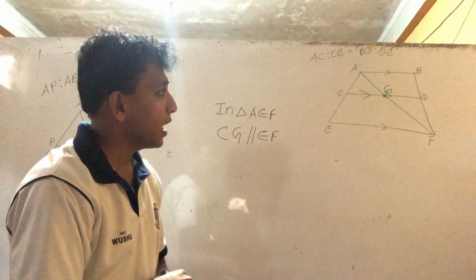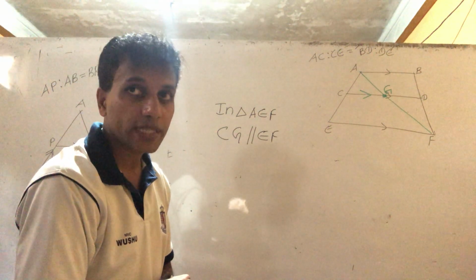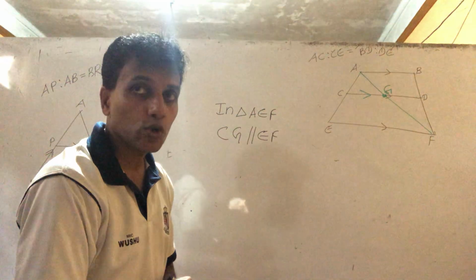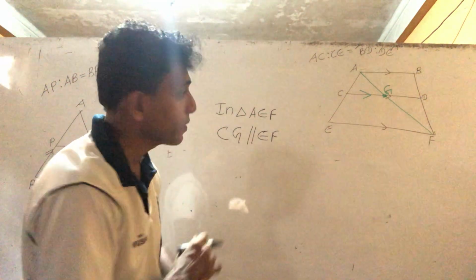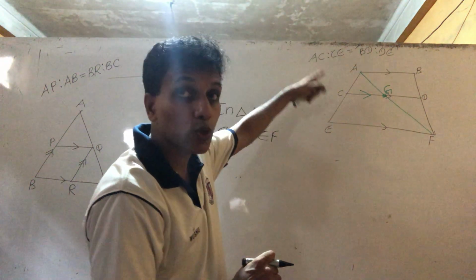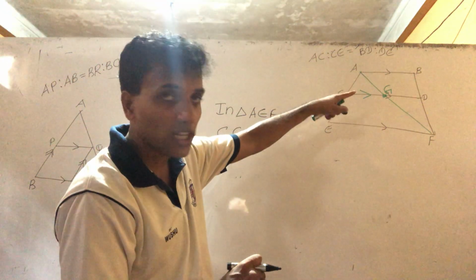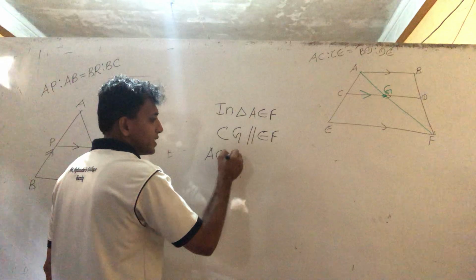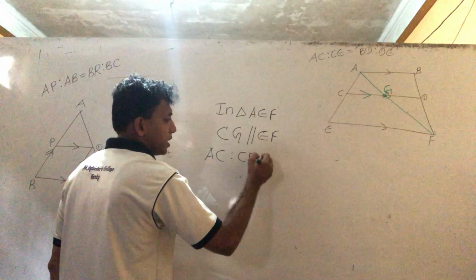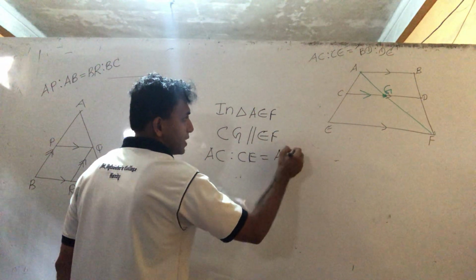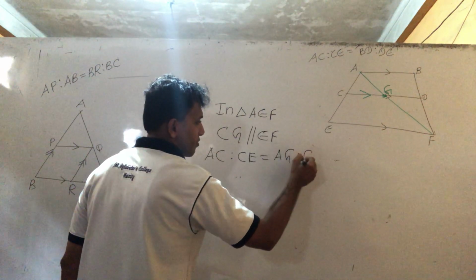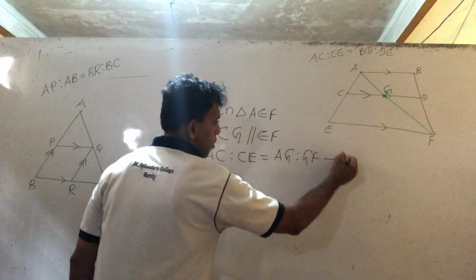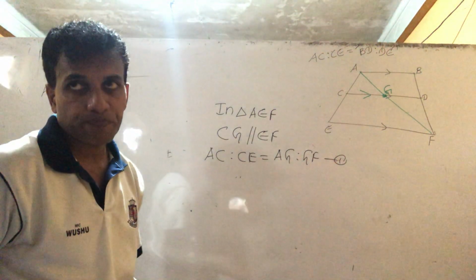In a triangle, a line drawn parallel to another side divides the other two proportionally, right? Therefore, AC is to CE equals AG is to GF, write that. AC is to CE equals AG is to GF, okay? I say number one, first result.